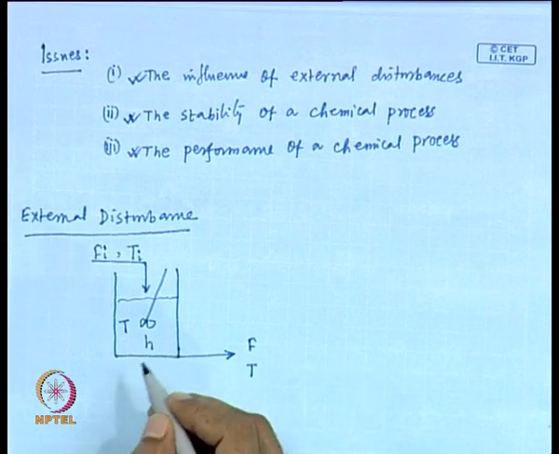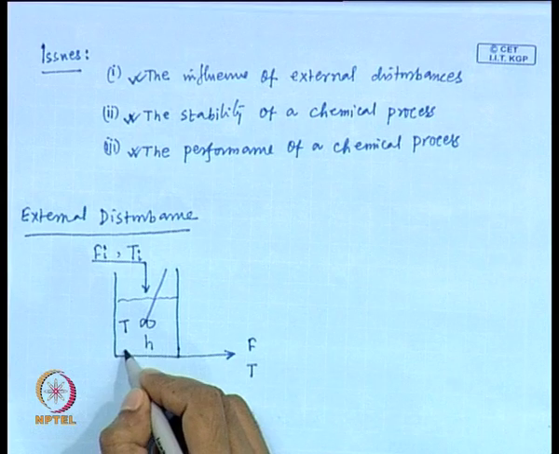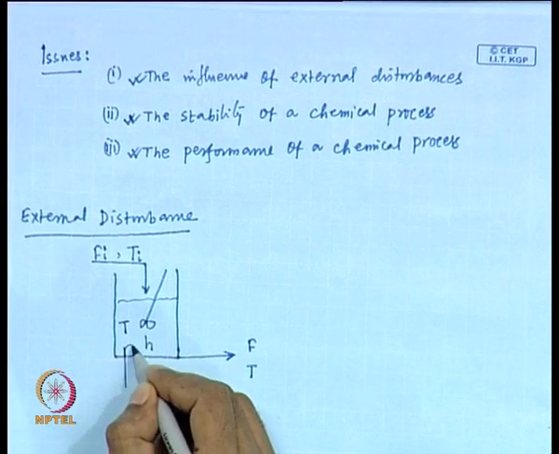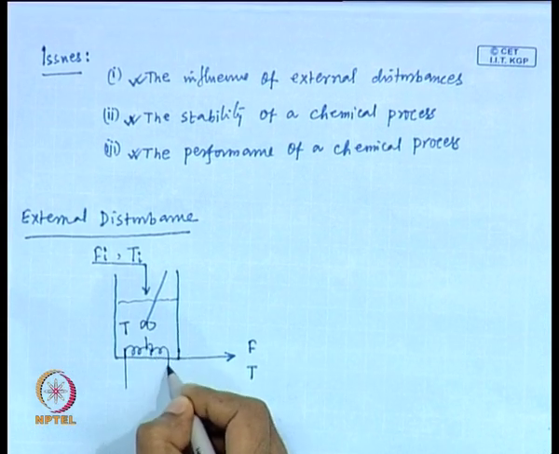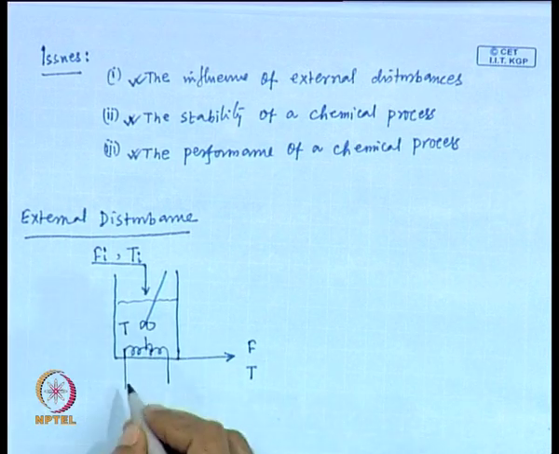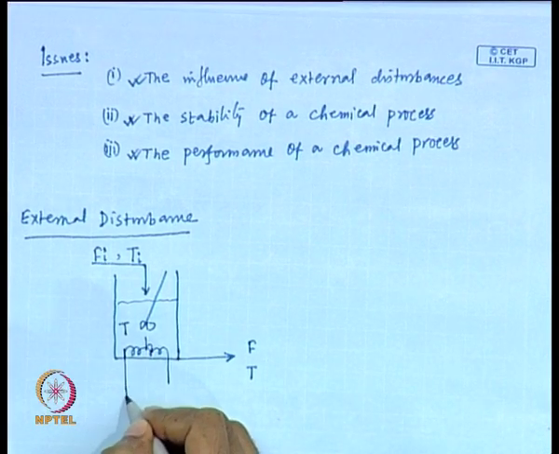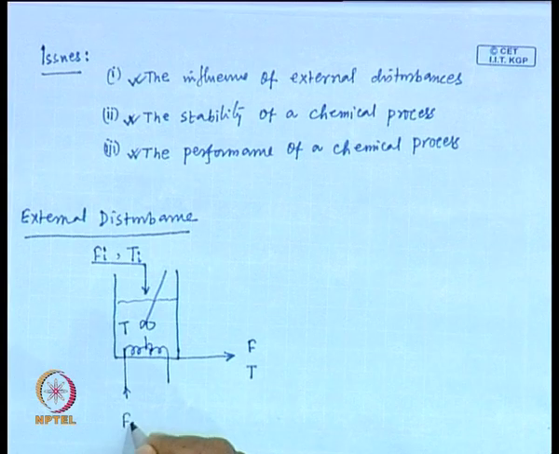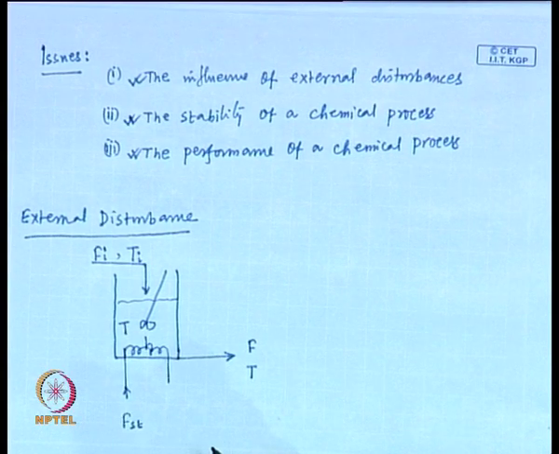Now, to heat up this process, we need to introduce one coil through which steam is going with a flow rate of F suffix St. Fine. So, this is a heating tank system.